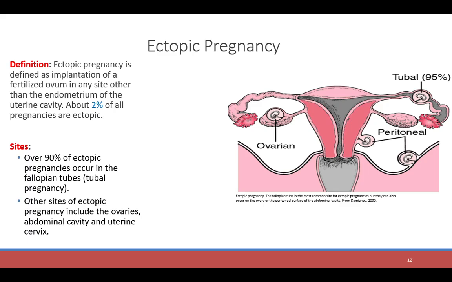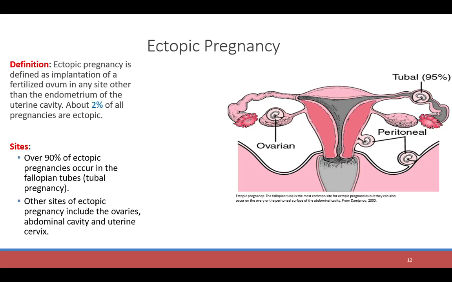Ectopic pregnancy, by definition, is the implantation outside of the uterine cavity. Any implantation outside of the uterine cavity, we call it ectopic pregnancy. Most of the time, the majority of ectopic pregnancies are seen in the tube. So we call it tubal pregnancy in 95% of the cases.